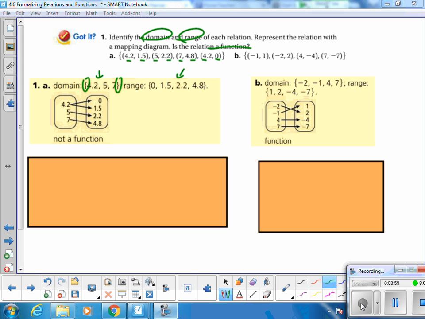And when we look at this, every input can only have exactly one output, and because of this right here, it's not a function. The second one, again from least to greatest with the brackets, we have our domain numbers, we have our ranges, and it is a function because every input has exactly one output.